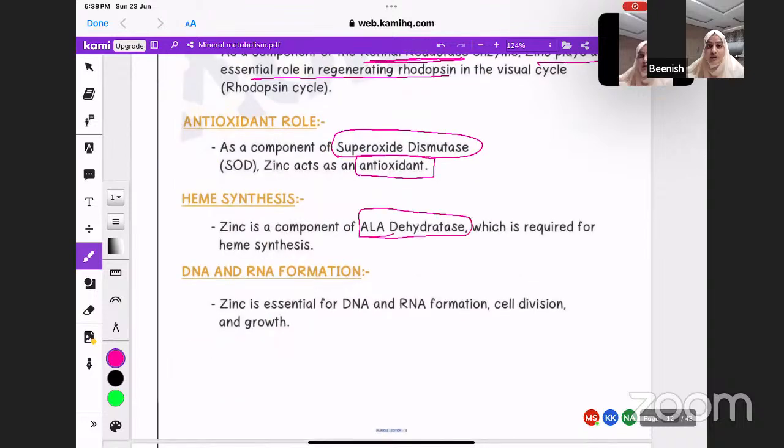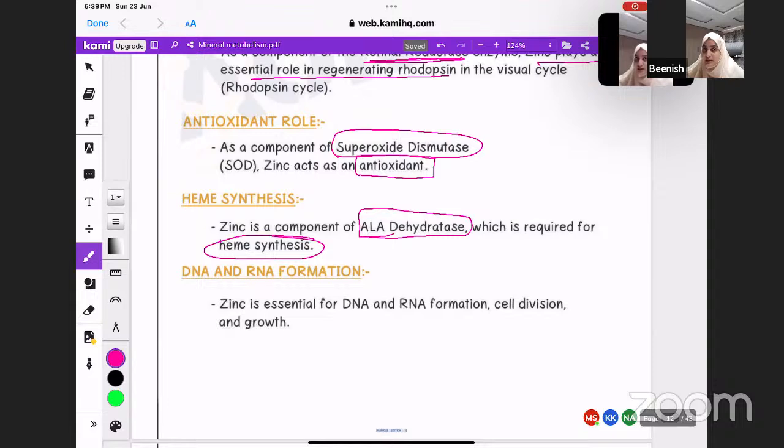It is also an important component of the aldehyde synthesis pathway. Okay, so if zinc is deficient, what will happen? Your aldehyde synthesis will be defective, and if it is defective, it is going to hamper your heme synthesis.